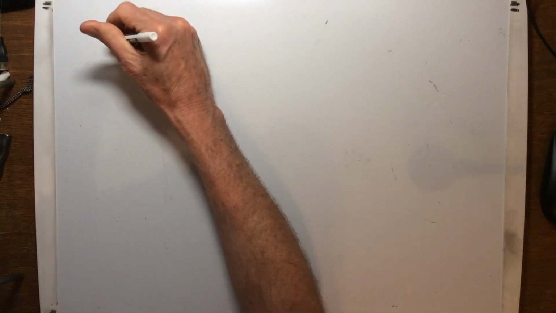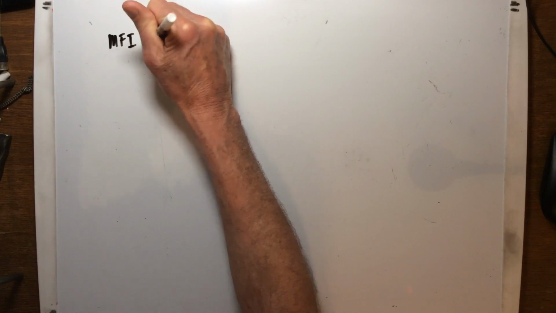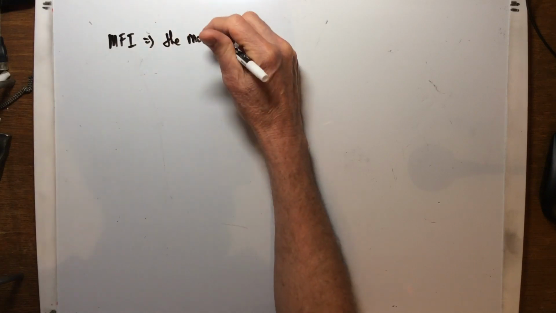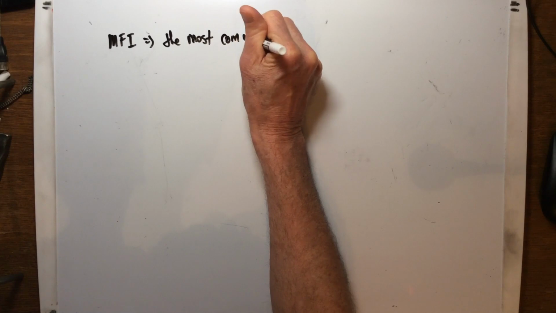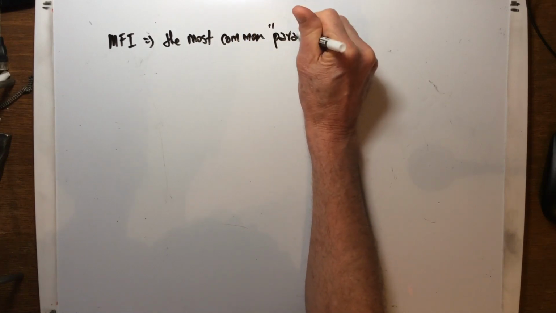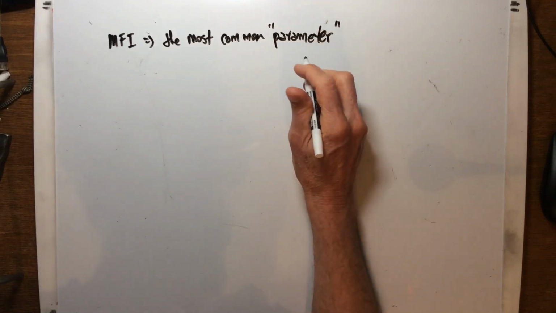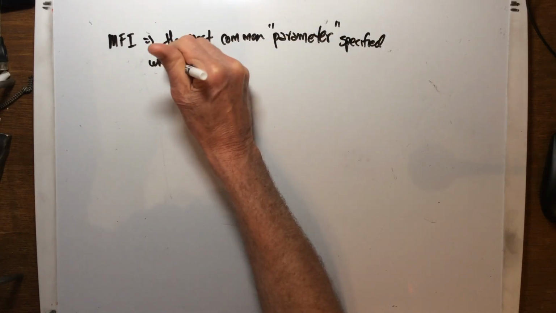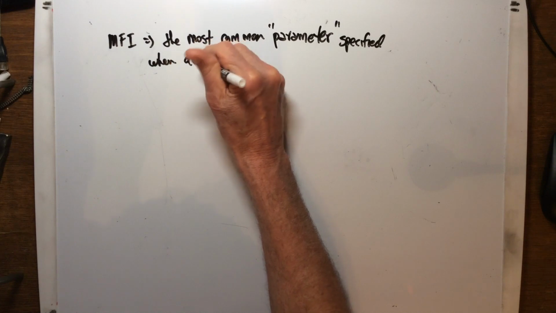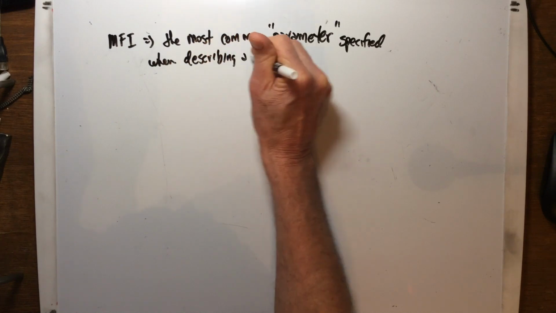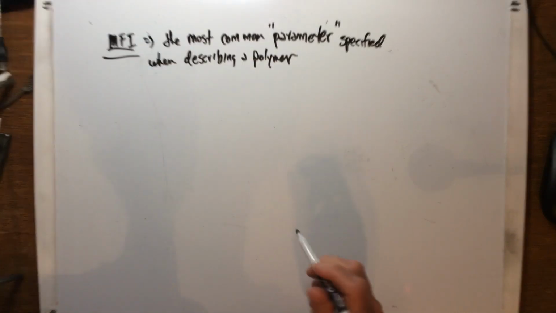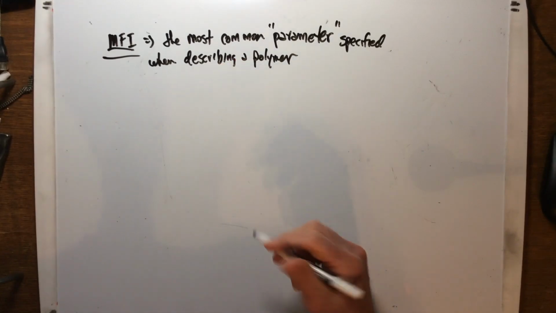Before I do that, the MFI is probably the most common parameter specified when describing a polymer, and it's primarily because of its processability.